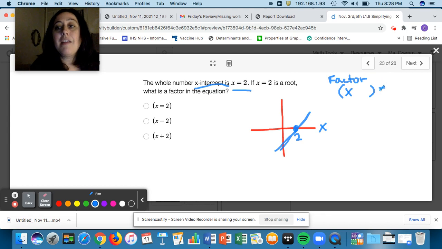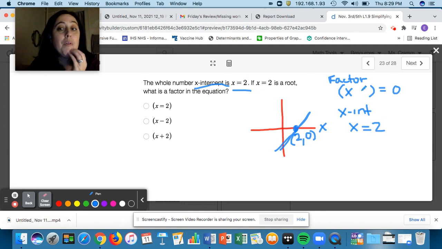And remember, we call them x-intercepts, roots, and also zeros, because if I were to say this as a point, the 2 would be the x value and 0 would be the y value, always at your x-intercept. So you can set each factor equal to 0 to find your x-intercept or root. If I were to solve this by setting a factor equal to 0, they're telling me the x-intercept as a result would be equal to 2.